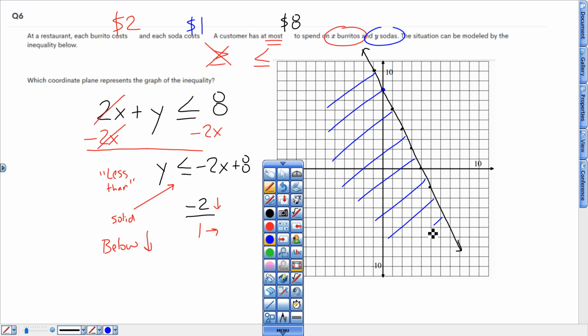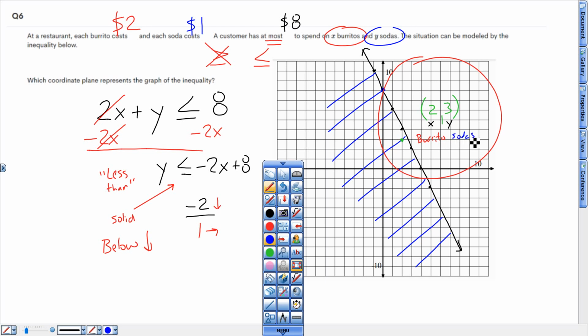For this real world problem, remember Marshall's class, we're dealing with quadrant 1 here. And I had you explain what one of those solution points means as a coordinate. So if I look at that point, which is 2, 3, I had you understand in the context of this problem that that is a combination of 2 burritos, because burritos is the X number, with a combination of 3 sodas.